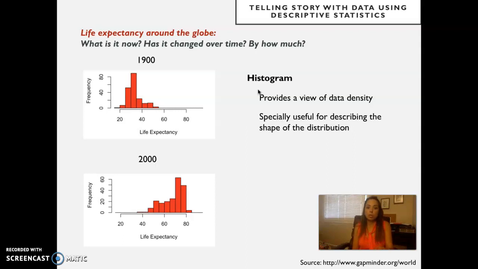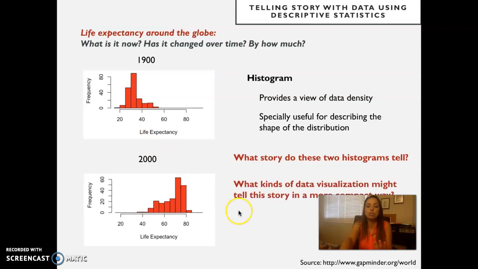So they are important, but they are not the best ones to tell the story that will be compelling to answer the questions that we have. Although they provide hints already, right? The peak is changing towards a higher number of years.